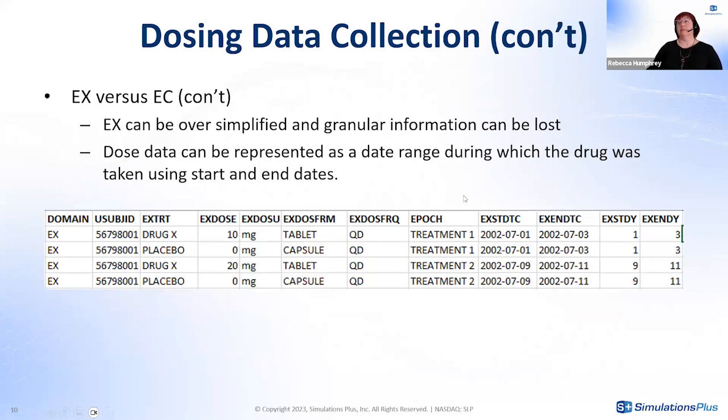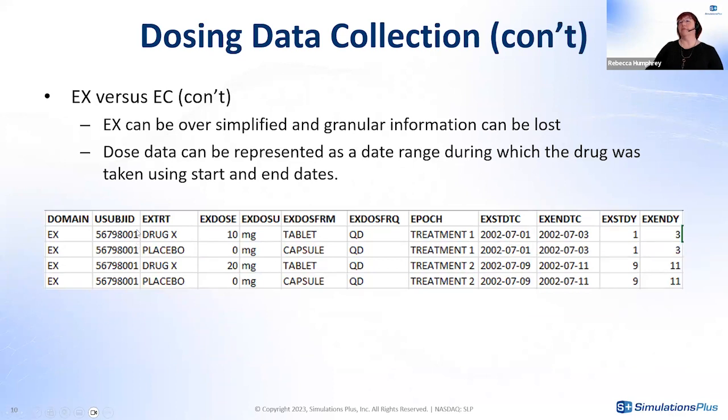So sometimes EX can be oversimplified and granular information such as the time of collection can be lost. This is a typical example and is perfectly acceptable to represent your dosing data that was collected.